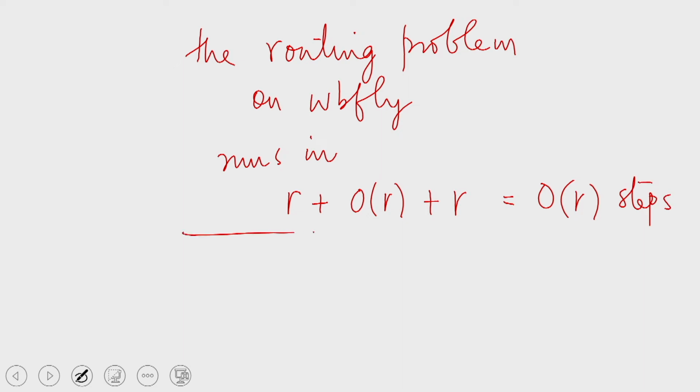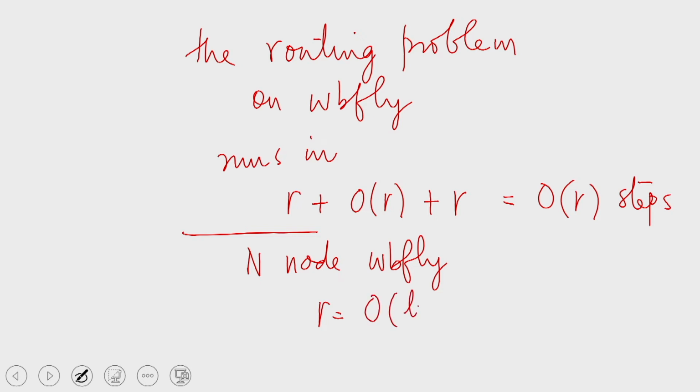But then remember, we have an n node wrap butterfly. Therefore, the dimension of this wrap butterfly is order of log n. Therefore, this routing problem executes in order of log n time.